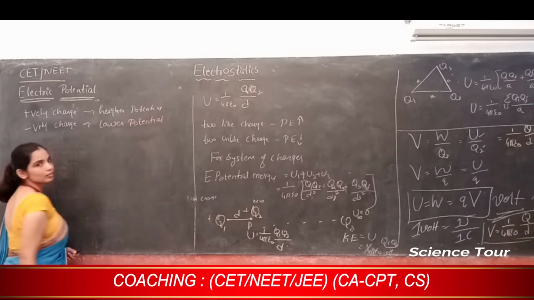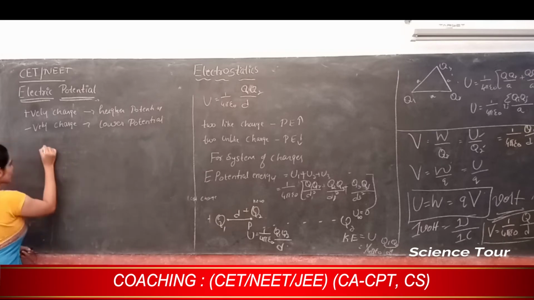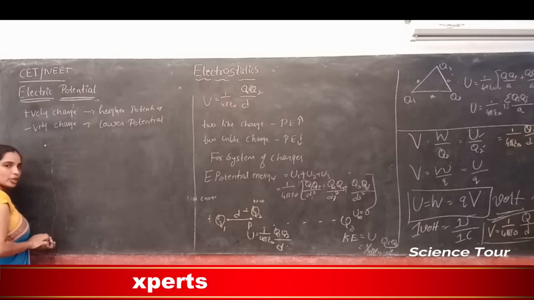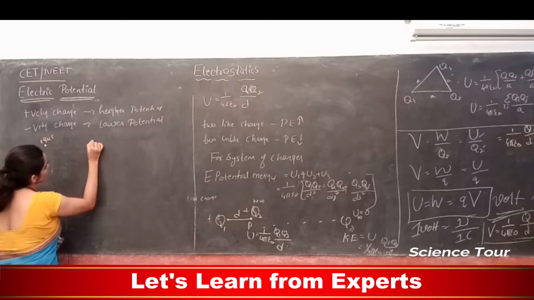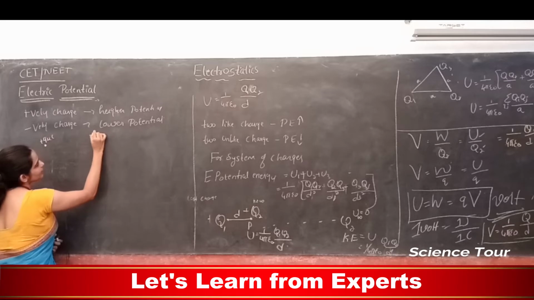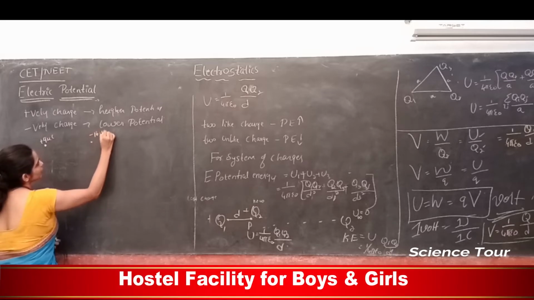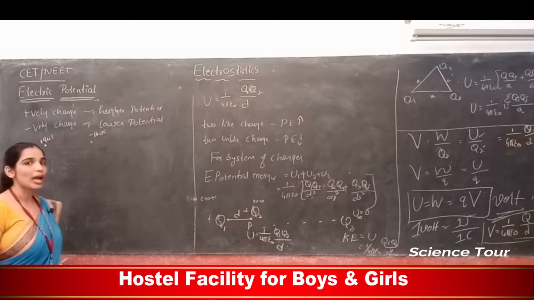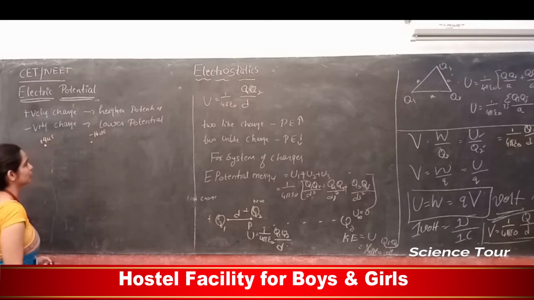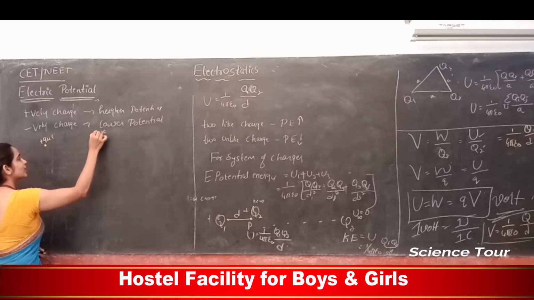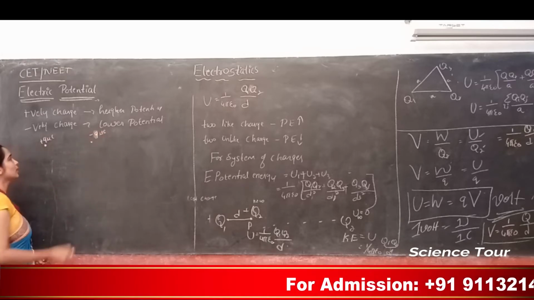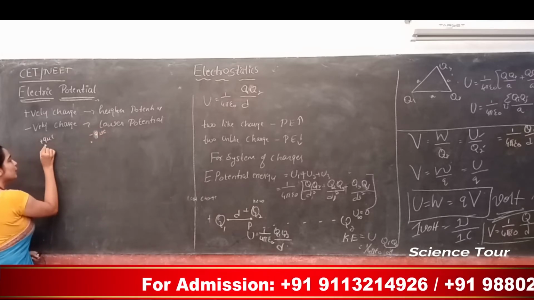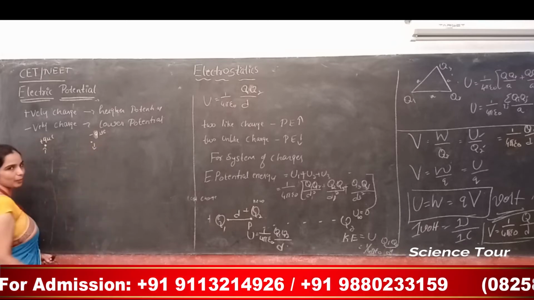Now, there is one charge here which is plus 9 microcoulomb. There is another charge here, minus 9 microcoulomb. This is having higher potential and this is having lower potential.